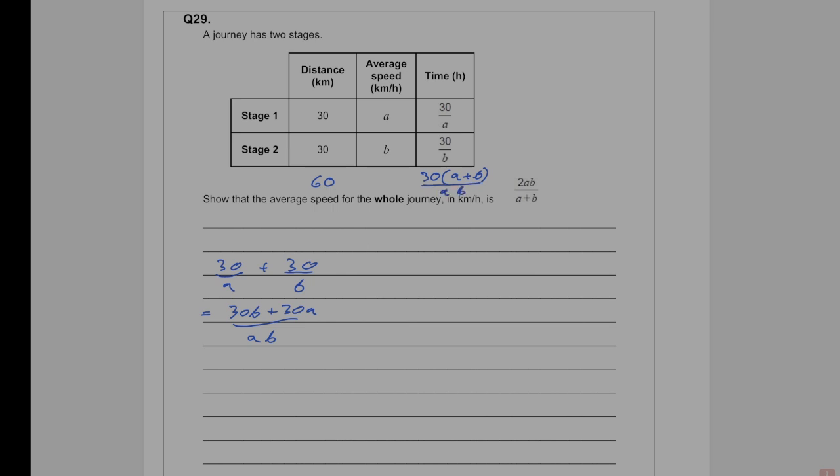So the average speed for the whole journey then is going to be equal to, speed is equal to distance divided by time, which is going to be equal to 60 divided by, so I'm going to do it like this rather than doing it as a fraction.